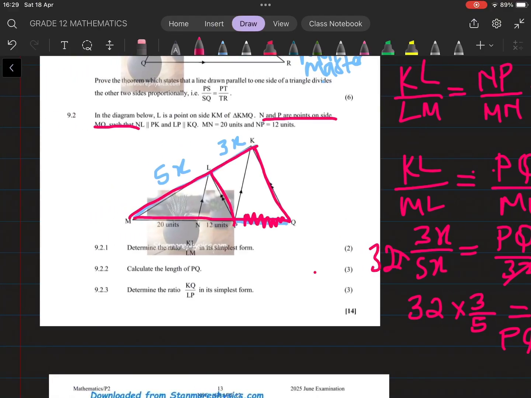So now determine the ratio of KQ over LP in the simplest form. Okay. Now let's look at KQ, which is what we are required to get, over LP.